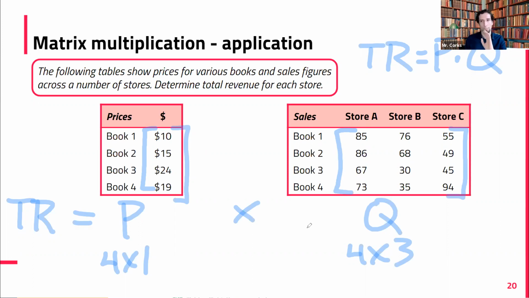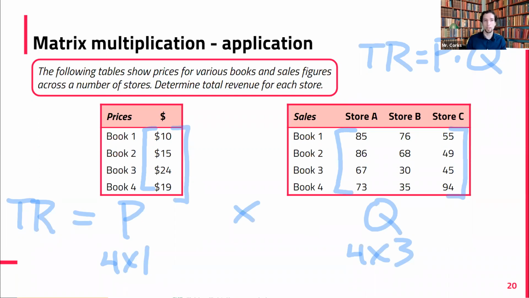There's a problem here. The number of columns of the first matrix doesn't equal the number of rows of the second matrix. So the inside numbers don't match up. Can you see a way that we could fix that problem? Transposing P. All right, transpose P.